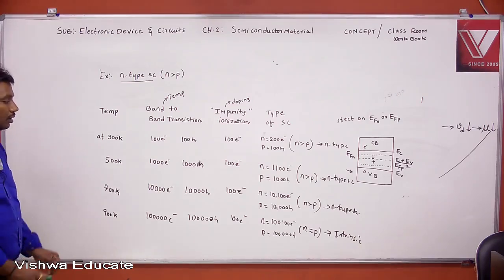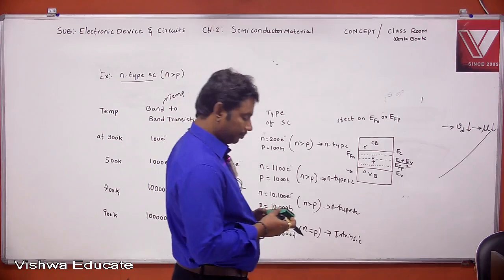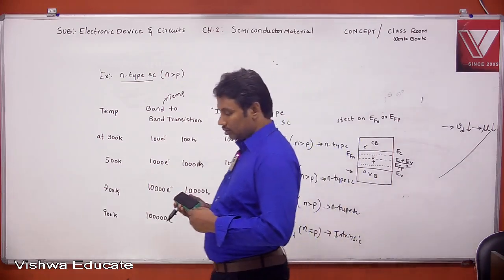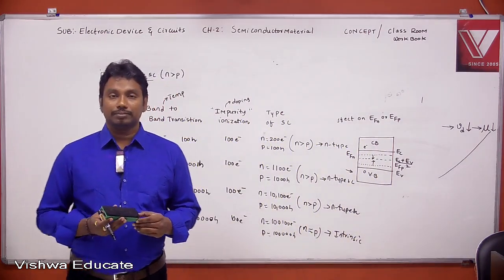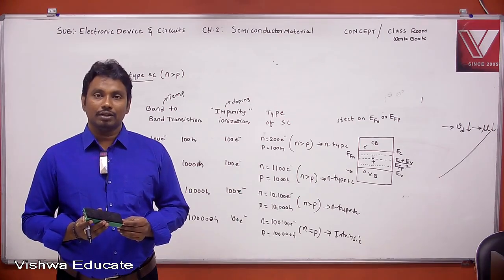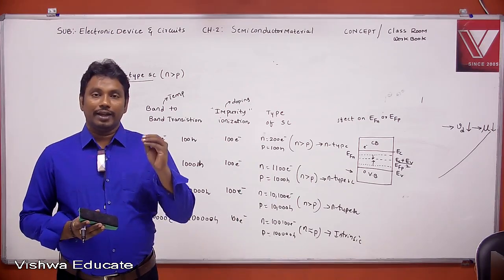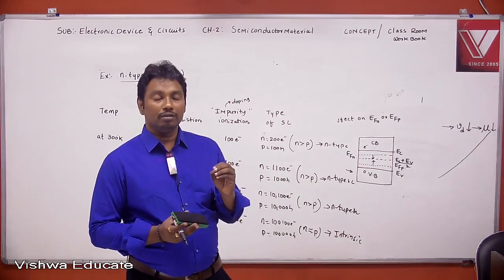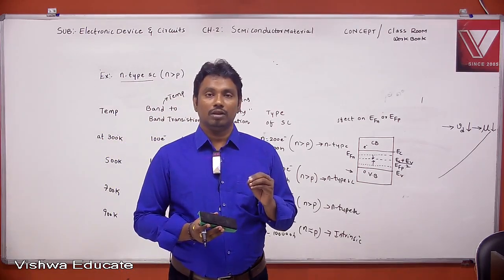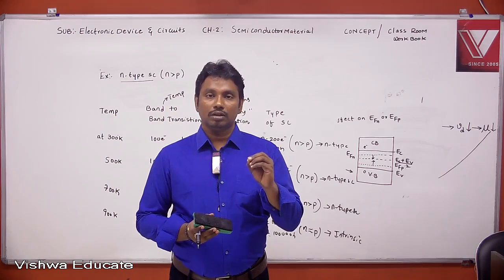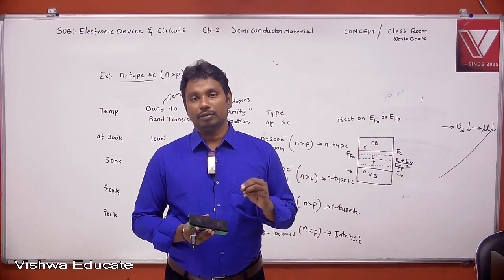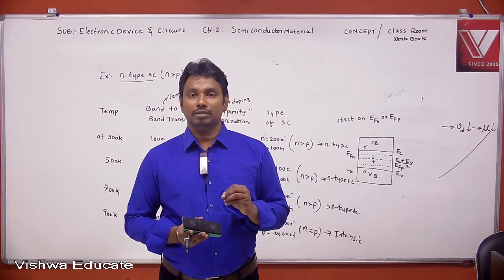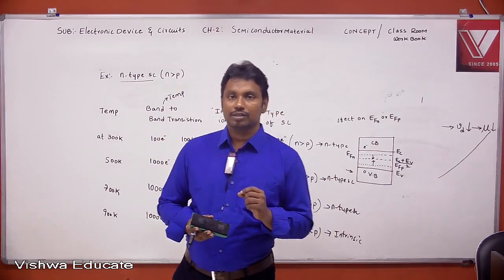Conclusion: at very high temperature, extrinsic semiconductor becomes intrinsic, because band to band transition will dominate impurity ionization. Right?